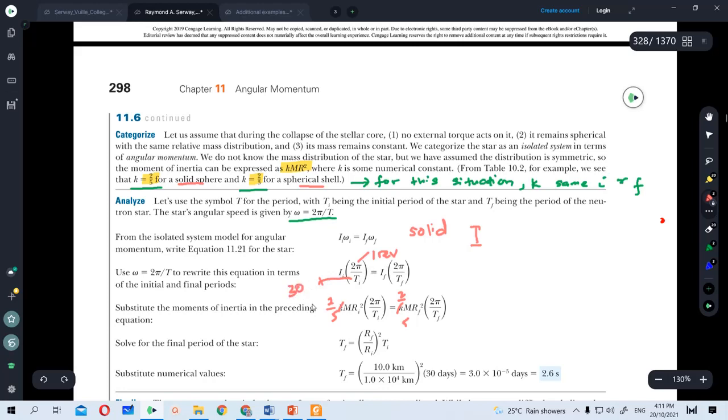However, okay, it depends. If you put it as days here and then calculate the T final, you will find that your T final would be in days. However, if you like it to be in second, then just change it into second. No problem at all. Alright. So, nevertheless, look at how they substitute.